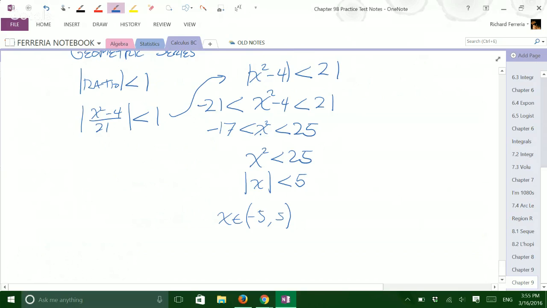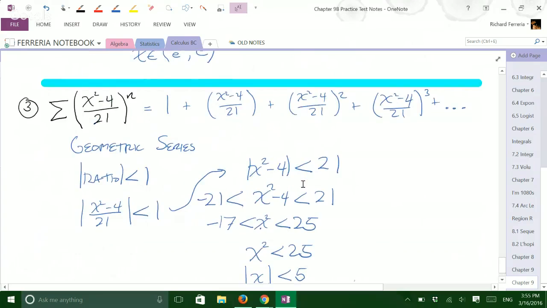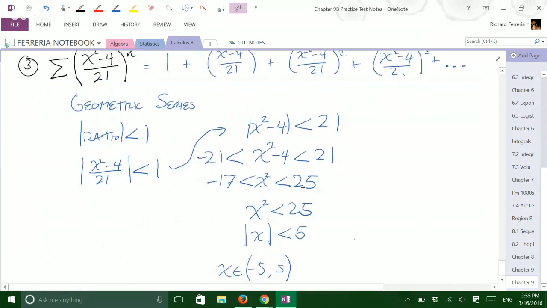I'm a little bit nervous. For this problem, is the radius 21 and the center? Just look right at the very end here. Oh, the center is 0 and the radius is 5. This is a very strange problem.